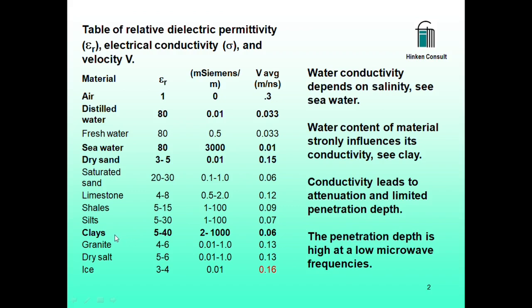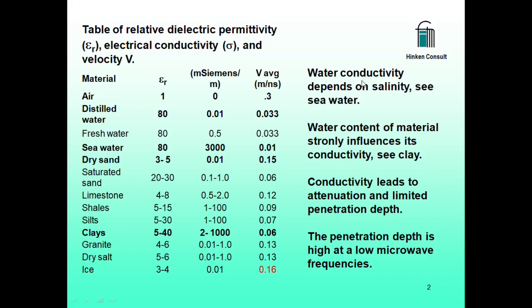While clays have a certain content of water, and so the permittivity varies depending on the water content, from 5 to 40, and especially the range of conductivity is very high, from 2 to 1000.